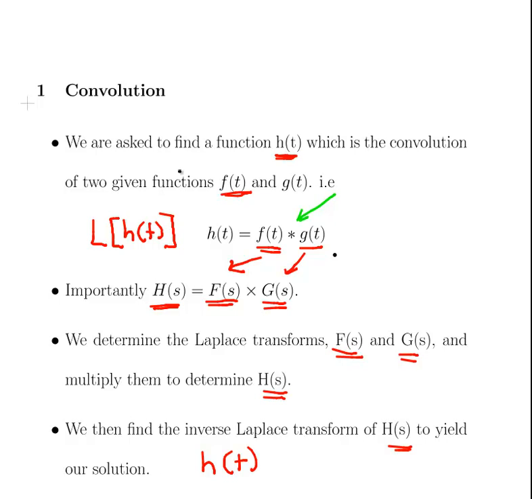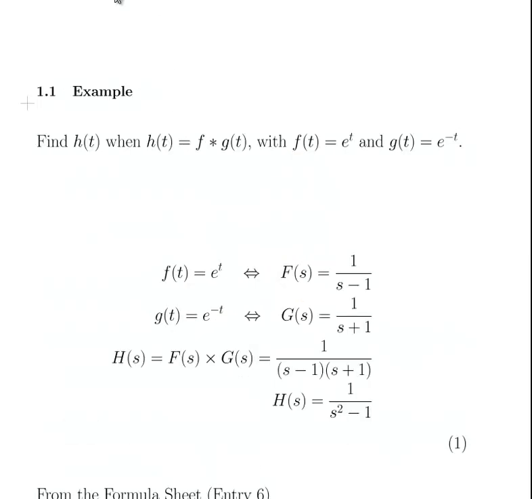So let's look at an example now. Find h of t when h of t is the convolution of these two functions. f of t is e to the power of t, and g of t is e to the power of minus t. First off, let's get the Laplace transforms of each. We're going to use the tables for this.